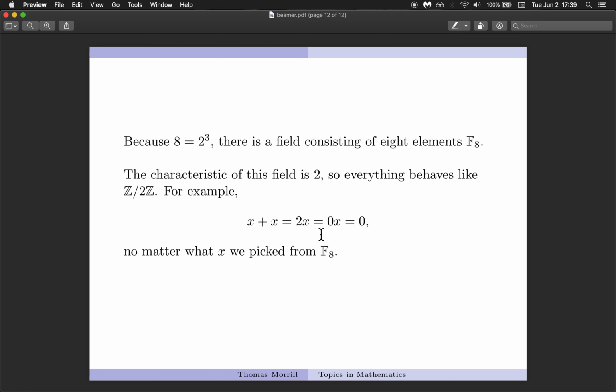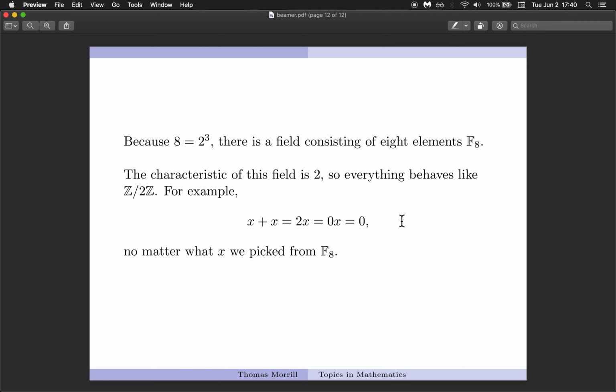This idea that we're going to wrap around at 2 still holds in this more abstract setting, but the reason it works goes back to the fields that we've been looking at since the first week of this class. So this equation, x plus x equals 0, would continue to work in any field of characteristic 2.